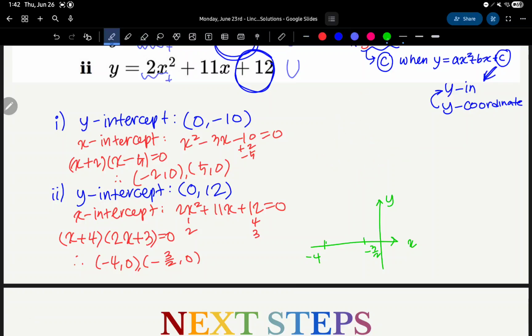Oops, I misread it. So let's do this one more time. It says the y-intercept is at minus 10 and the x-intercepts are at minus 2 and 5.